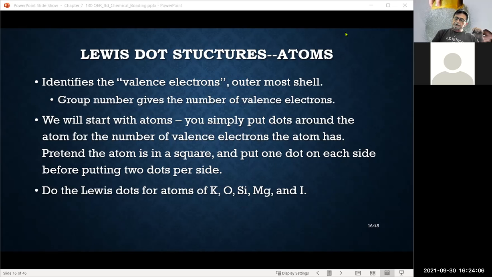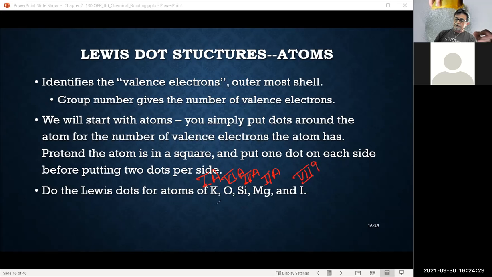Well, we simply first identify the group that it is in. Potassium is in group 1A. Oxygen is in group 6A. Silicon is in group 4A. Magnesium is in 2A. And iodine is in 7A.